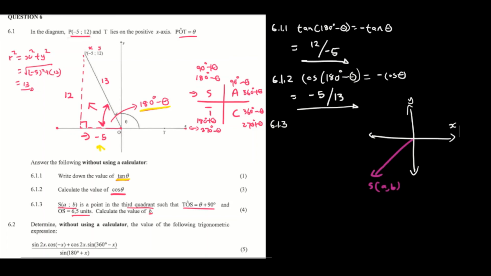Remembering that your T is here, then here it's your O, and then this is your S. So the angle will be something like this. It's just going to create an angle all the way up until here. So this angle here that it creates is 90 degrees plus theta, or theta plus 90 degrees.